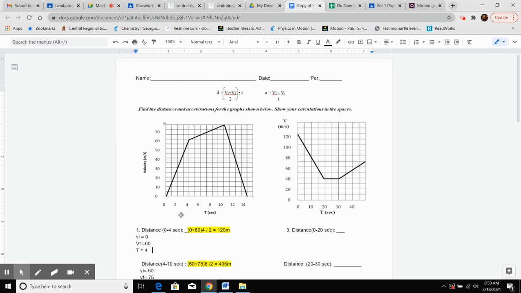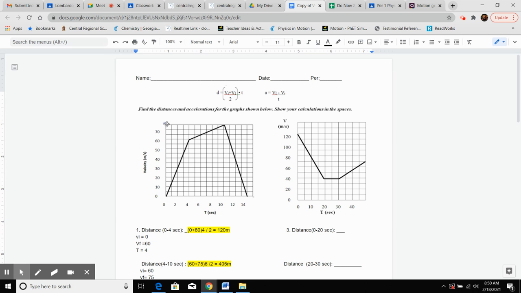Okay, then they ask you for the distance for 4 to 10 seconds. So at 4 seconds, you go up and across, we're still at 60 meters per second. And then at 10 seconds, we go up and go across. Now, some people like to say that that's 80, but again, this guy right here is 70.